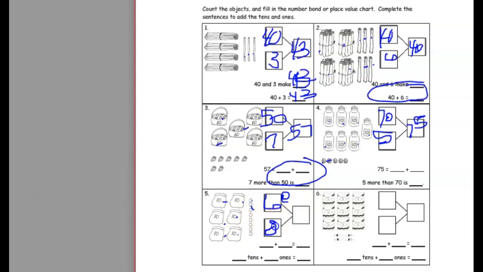So 60 plus 8 is what number? 68. Now I am going to write down here because look, they went tricky and didn't just have the number, they have how many tens. So how many groups of 10 did you have? Did you have 60 groups of 10? No, you only had 6 groups of 10, right? So 6 tens plus 8 ones equals 68.